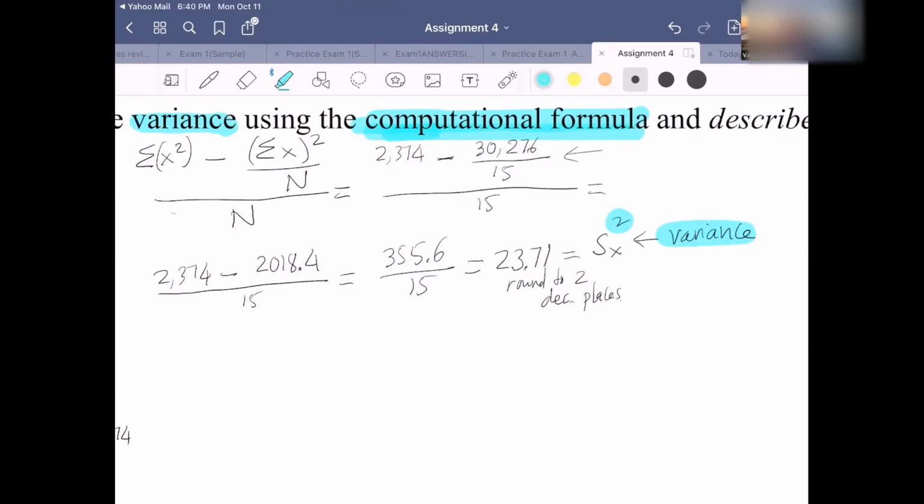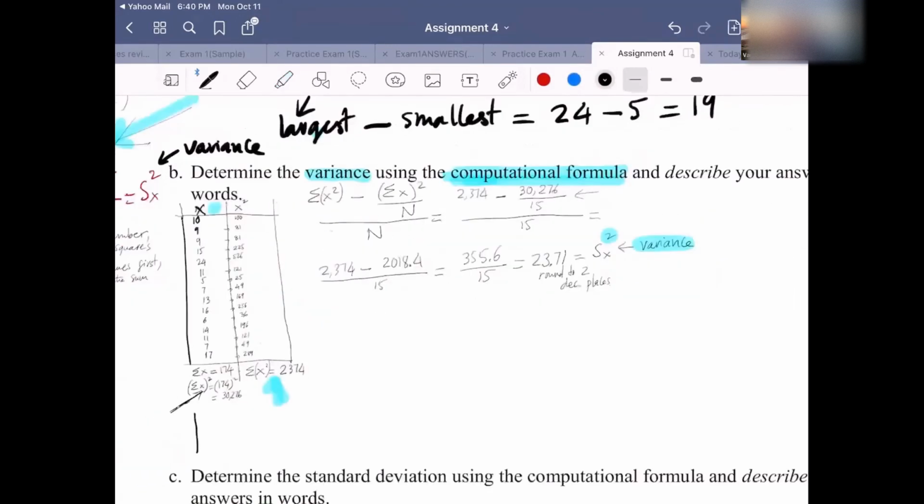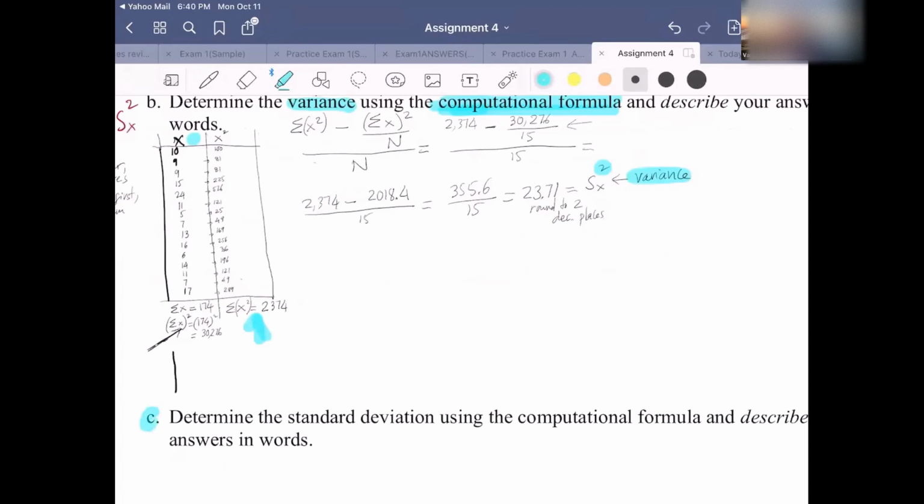All right. But now they're also asking you to find the standard deviation. Part C, you have to find the standard deviation using the computational formula. How do you guys do this, everyone? Using the result of part B that you just did. The notation of the standard deviation is S sub x, okay? That's what you have to find, right? S sub x is the standard deviation, okay?